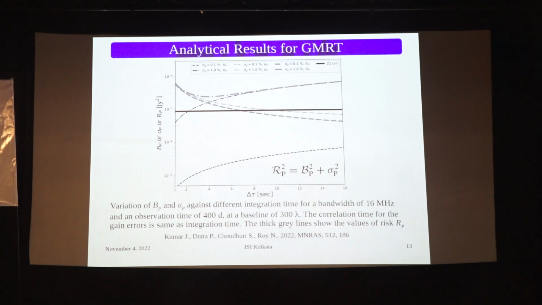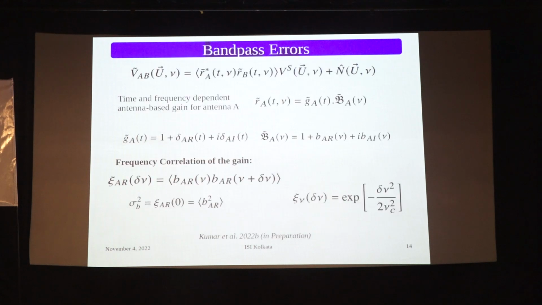We find that for smaller gain errors, risk basically follows the error in the power spectrum, and for higher gain errors, initially it follows the error in the power spectrum, then it follows the bias in the power spectrum. So for particular observational parameters we will have minimum risk, meaning lower risk compared to other parameters. Using these results, we can choose our optimum observation parameters.